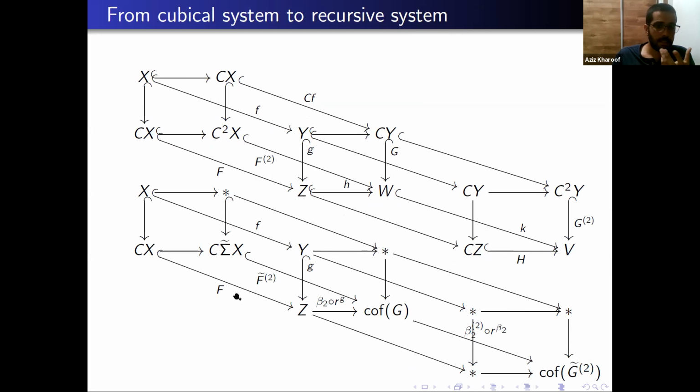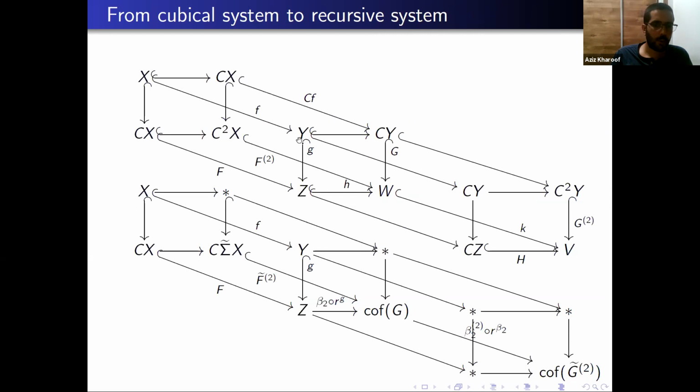And one can see that we also get equivalent Todas for them, because we have a map from the homotopy cofiber of this to the cofiber of this, okay? And here from the homotopy cofiber to the cofiber of this. So we have a square between the Todas where the maps are equivalences.